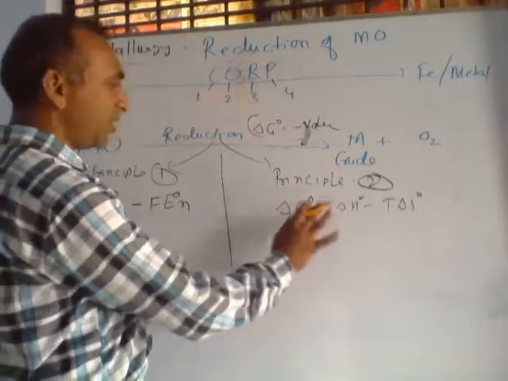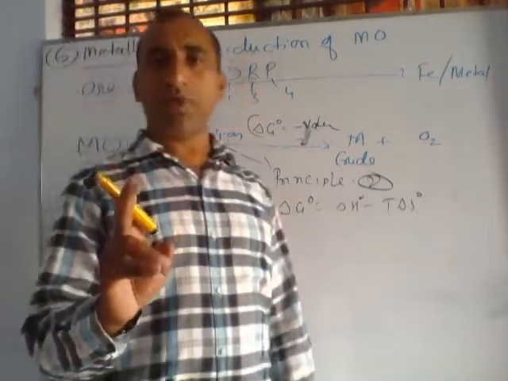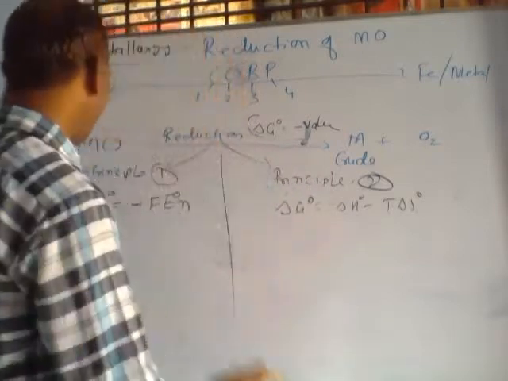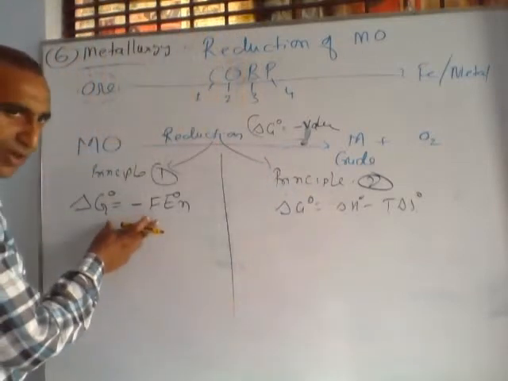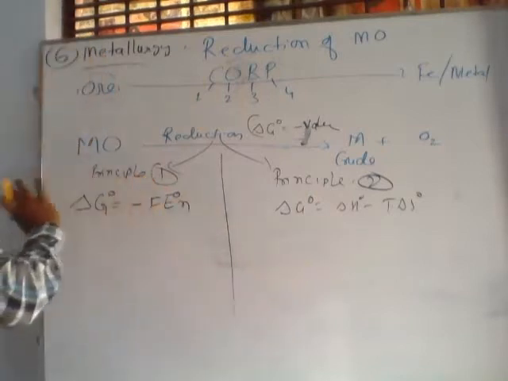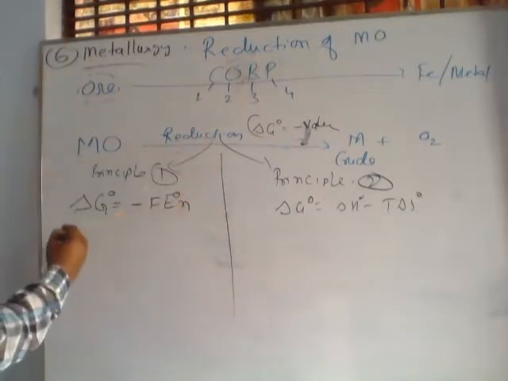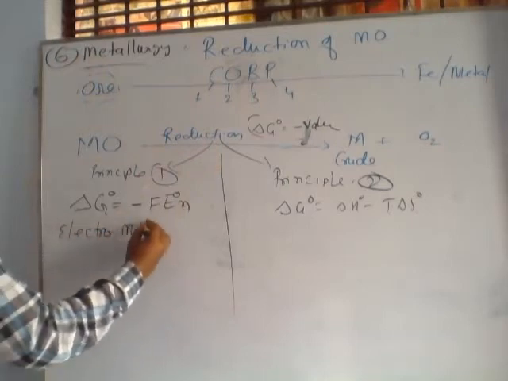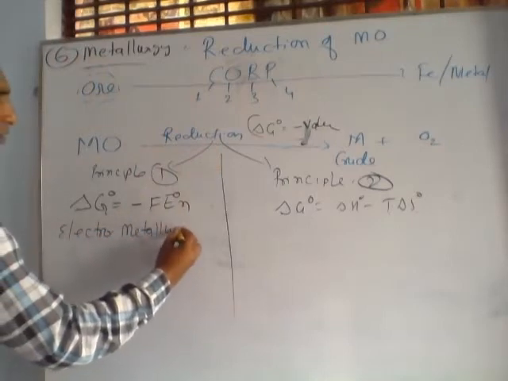Out of these two we use one principle on the basis of the nature of the metal. If we use the first principle, based on standard electrode potential, for obtaining a negative value of del G, the process is called electrometallurgy.